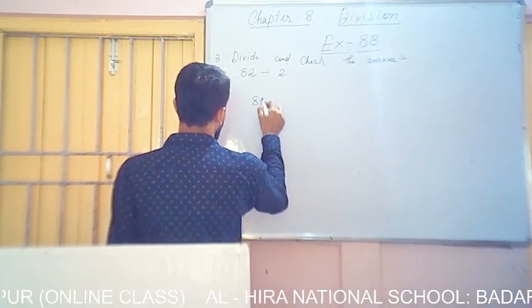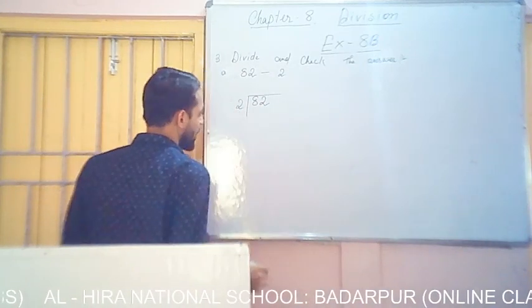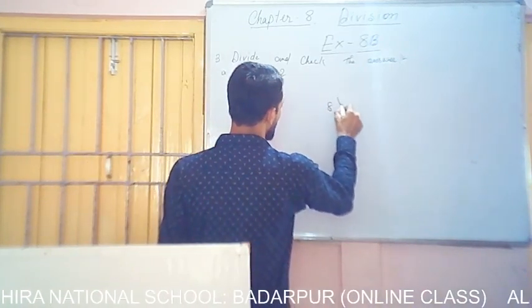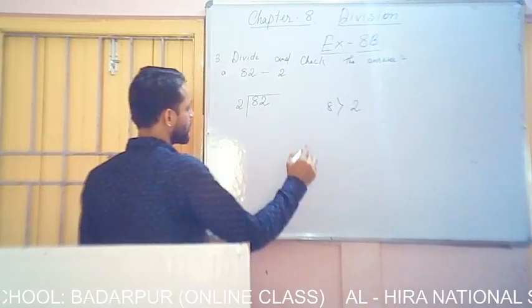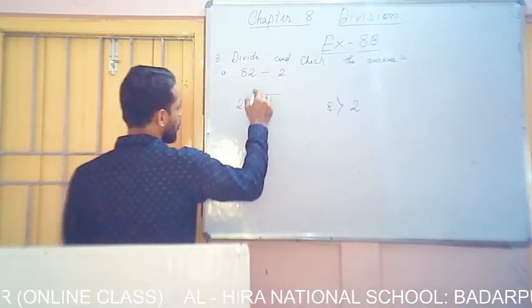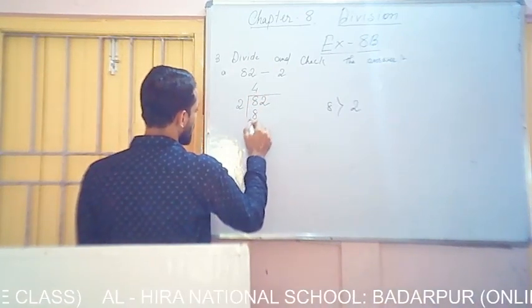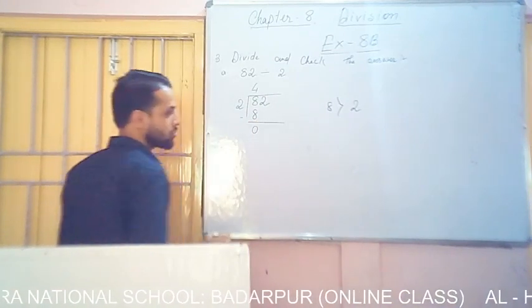So 82 divided by 2. Here we can see 8 is greater than 2. That means we can divide it. So if we go through the 2 multiplication table, we get 2 4s are 8.